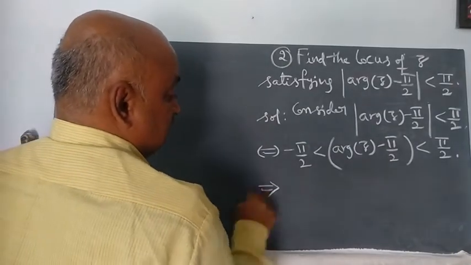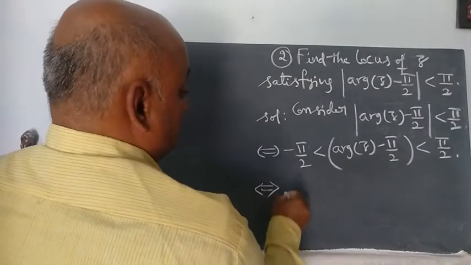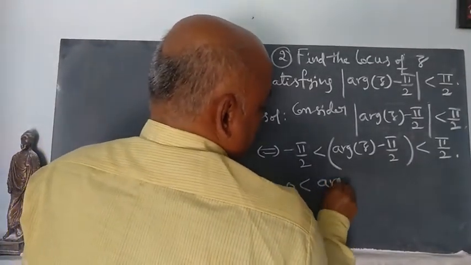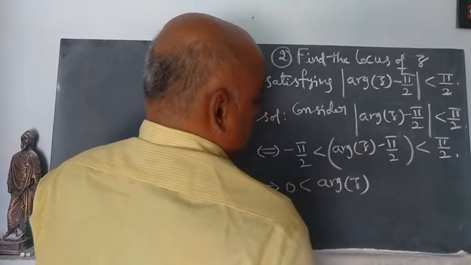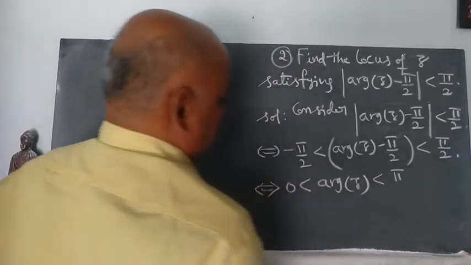Adding pi by 2 to this inequality, 0 is less than argument of z is less than pi.